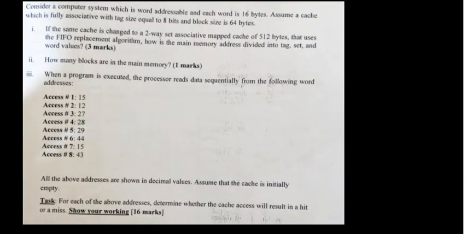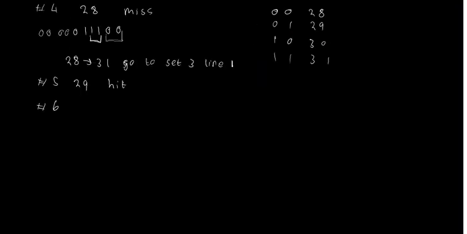Converting 44 into binary, it's just 1 0 1 1 0 0. It's going to be 12 plus 32. So it's that in binary.